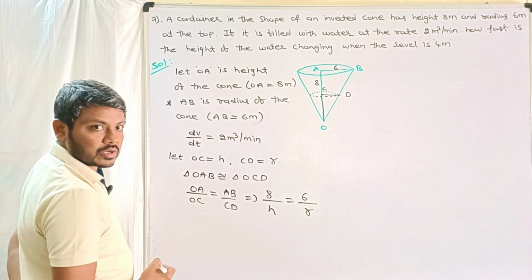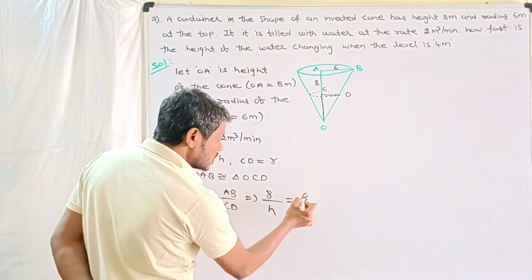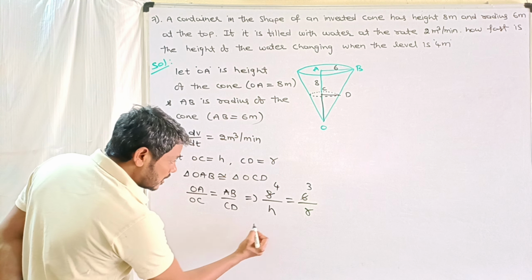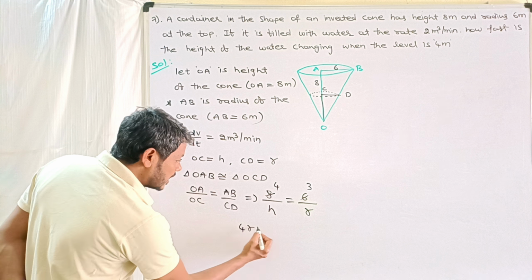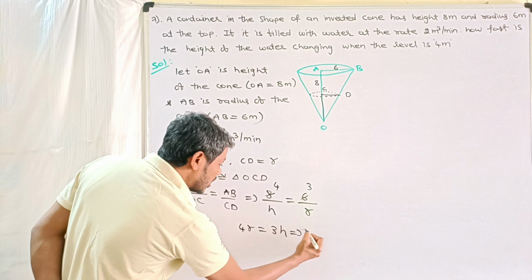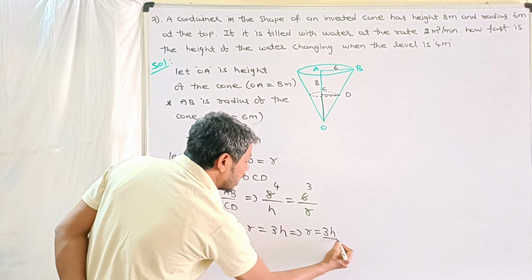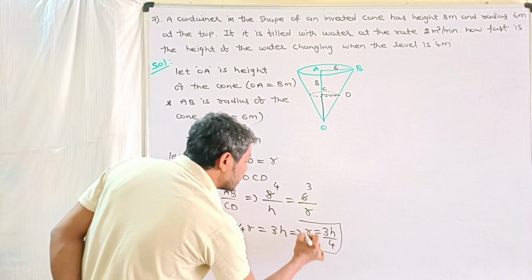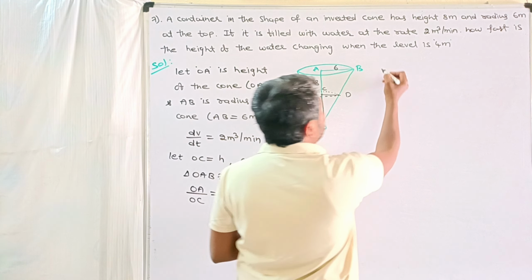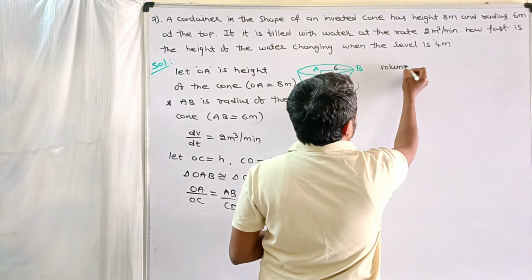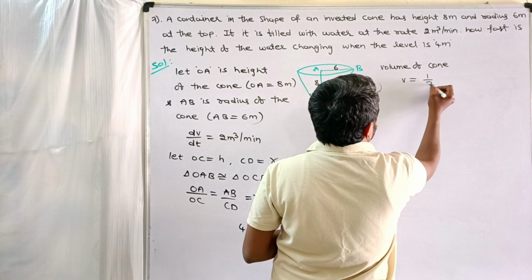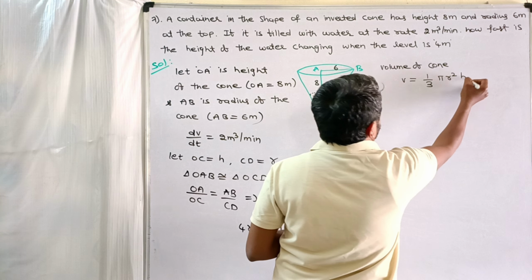So 2 3s are 6, 2 4s are 8. From this cross multiplication, 4r equals 3h. Again from this, r equals 3h by 4. Next, we know the volume of the cone formula. V equals 1 by 3 pi r square h.